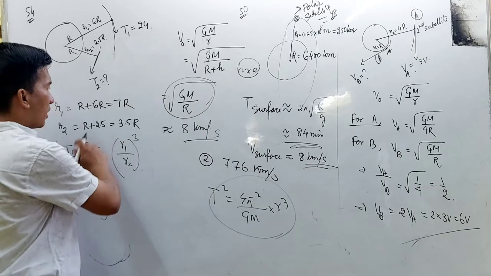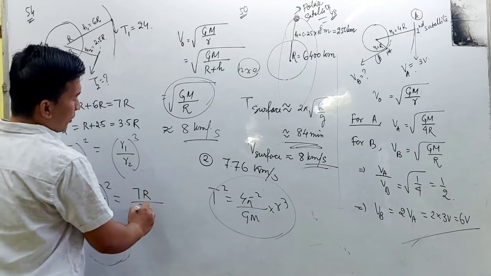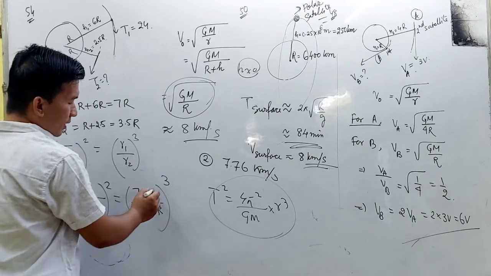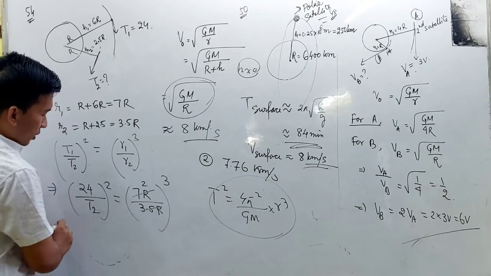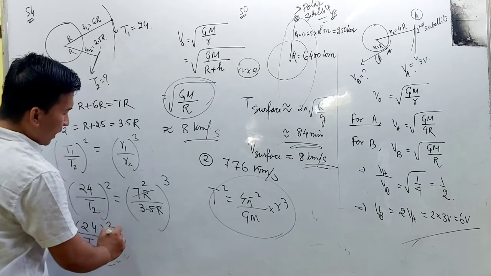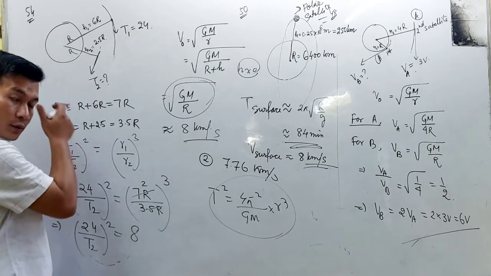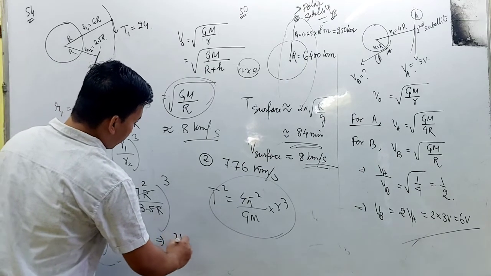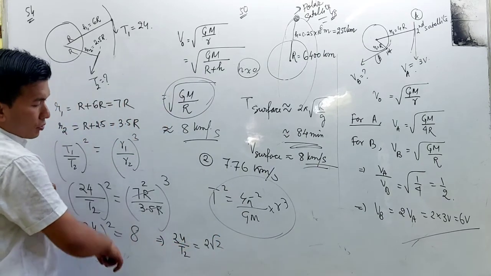And what about your R1? R1 is 7R. What about R2? This is 3.5R, raised to power 3. After cancellation, we will have 24 divided by T2 whole square equals 2 raised to power 3, which is 8. Now 24 divided by T2 will be equal to 2 root 2, since square root of 8 is 2 root 2.